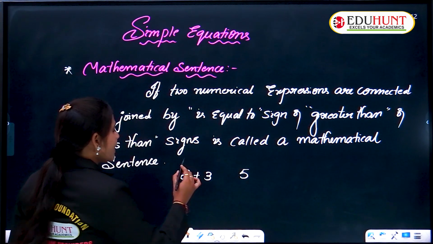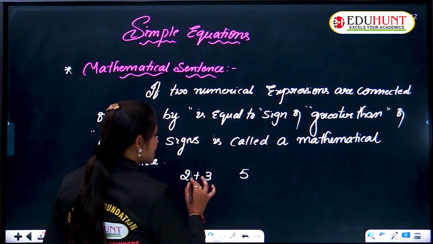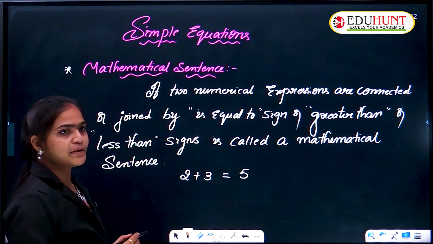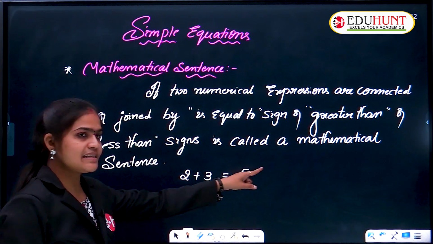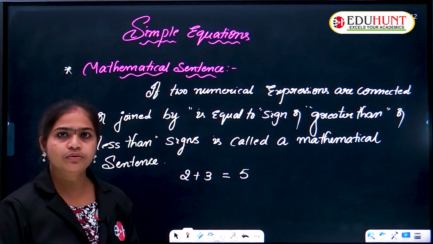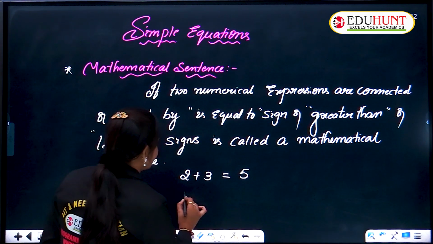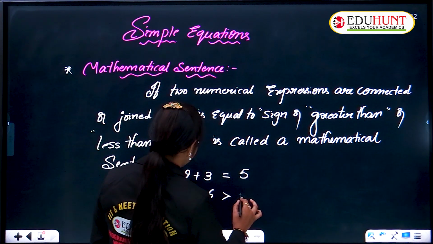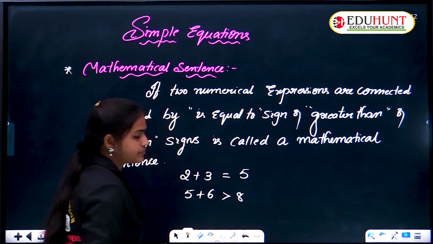Now, by joining these two numerical expressions using the equal to sign: 2 plus 3 is equal to 5. Yes or no? Yes. 5 plus 6 is greater than 8.